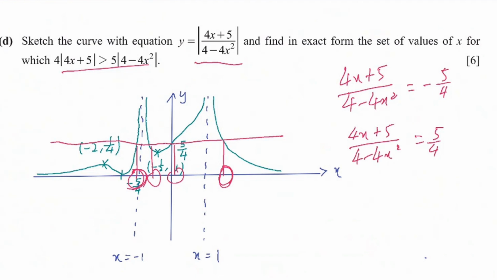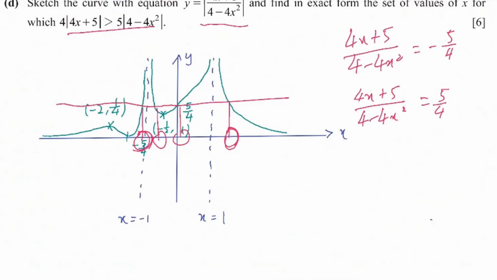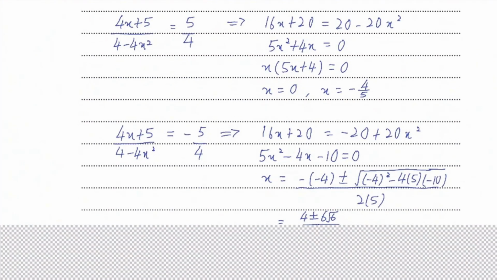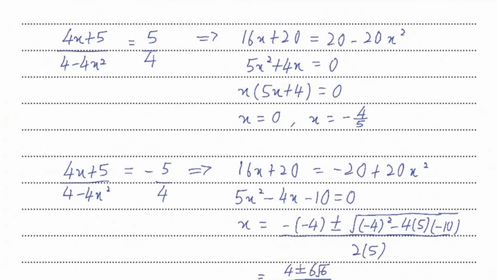So again, for this kind of question, we always find the intersections first, then we see the graph. What are the ranges of x that it gives us there? We want it greater than 5/4. So with that, we solve each of the equations there, the plus and the minus of the 5/4, and it gives us different values here.